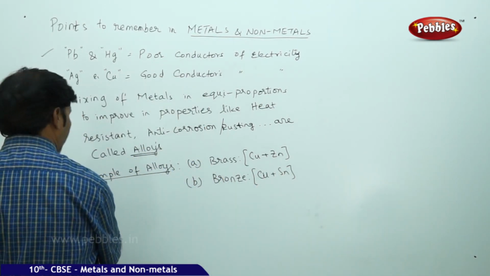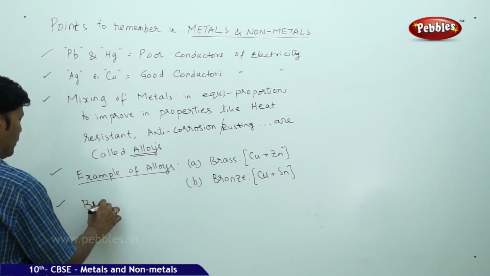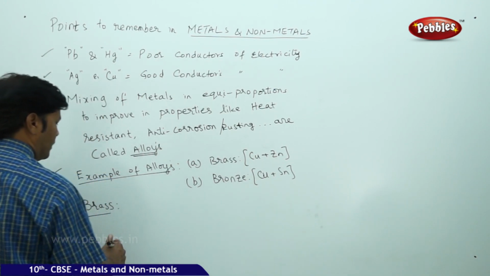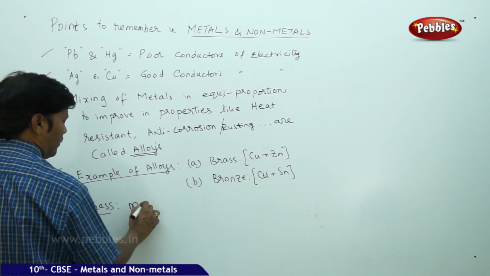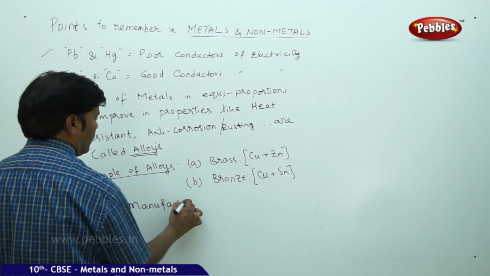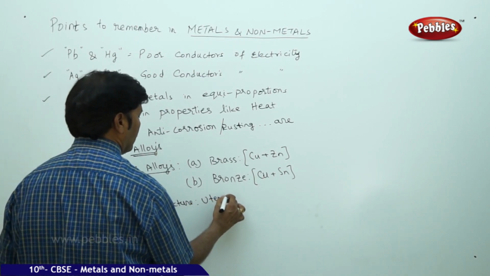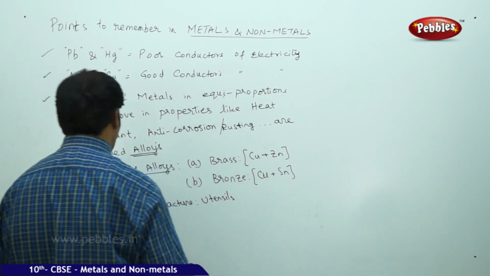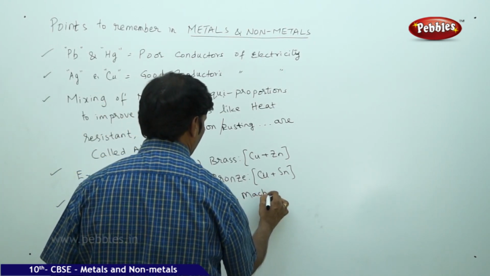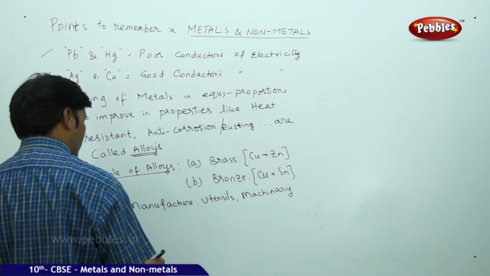Brass is used in the manufacture of utensils, machinery, and so on.